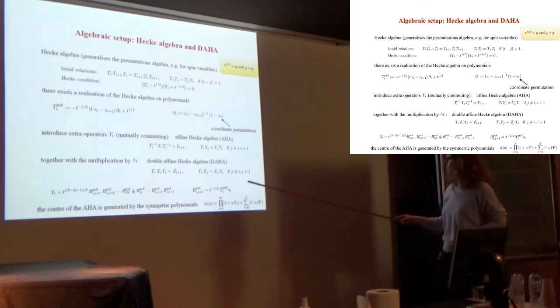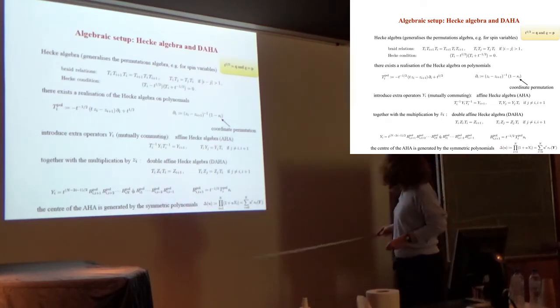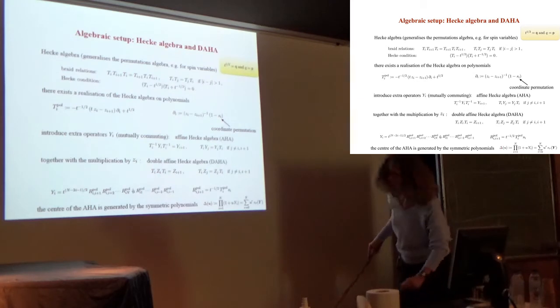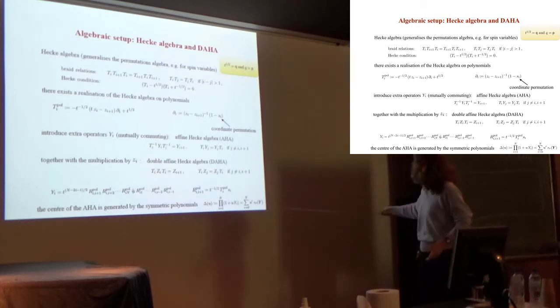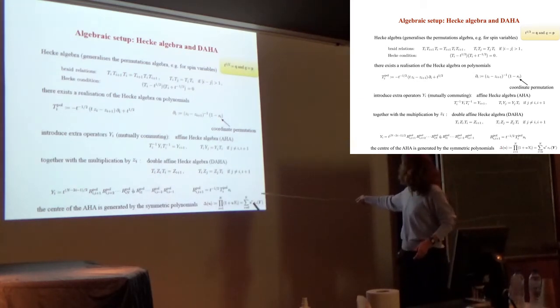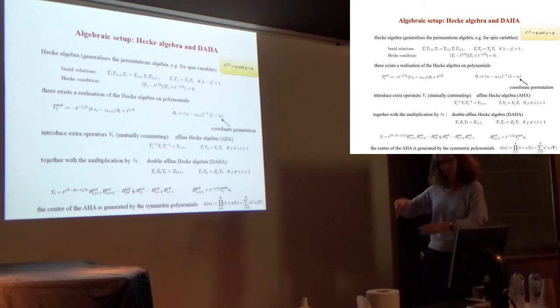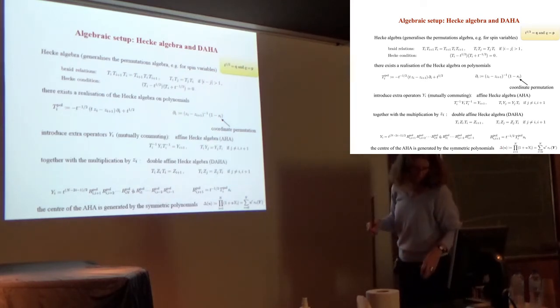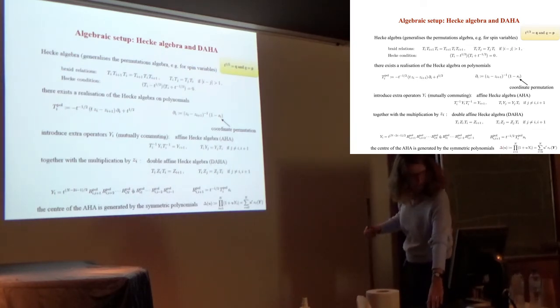And in fact, E1 is the Macdonald operator, which is also diagonalized by Macdonald polynomials. So that's just the coordinate part.